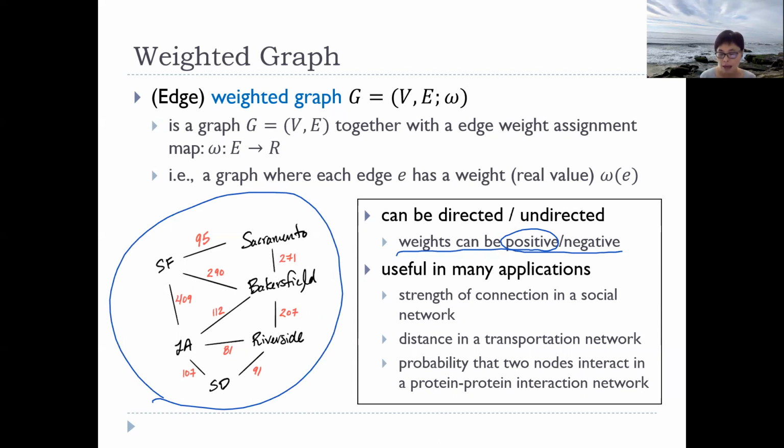In a social network, the weight of an edge connecting two nodes can represent the strength of the friendship, of the connection between those two people. In a protein-protein interaction network, where each node is a protein molecule, an edge means that they may interact, and the weight of the edge can indicate the probability that these proteins, when they meet each other, interact.